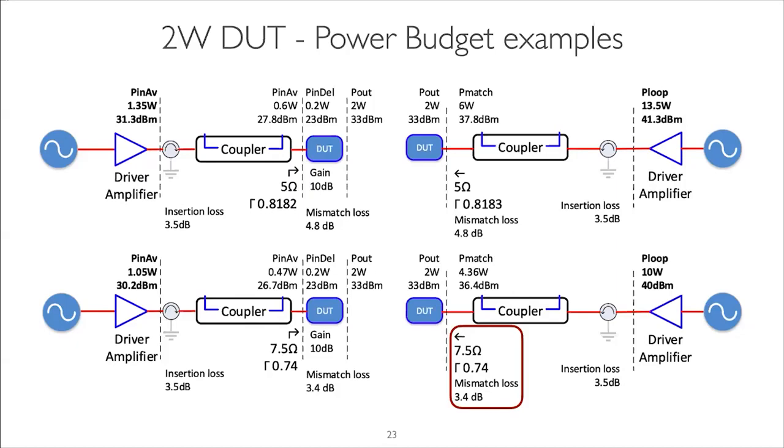So the mismatch loss is 3.5. Now let's say we have a very low insertion loss coupler, isolator, bias T, let's say of 0.1 dB. So to match that device, a 2-watt device, you need roughly a 10-watt amplifier. So as I mentioned, you don't want that to be PSAT, because then you're going to be operating with a feedback amplifier that's greatly compressed, creating all sorts of nonlinearities.